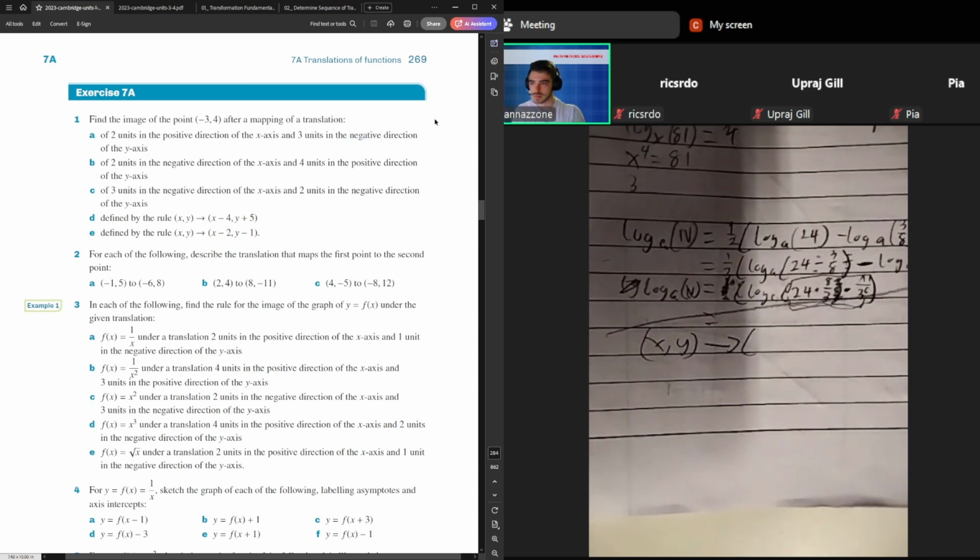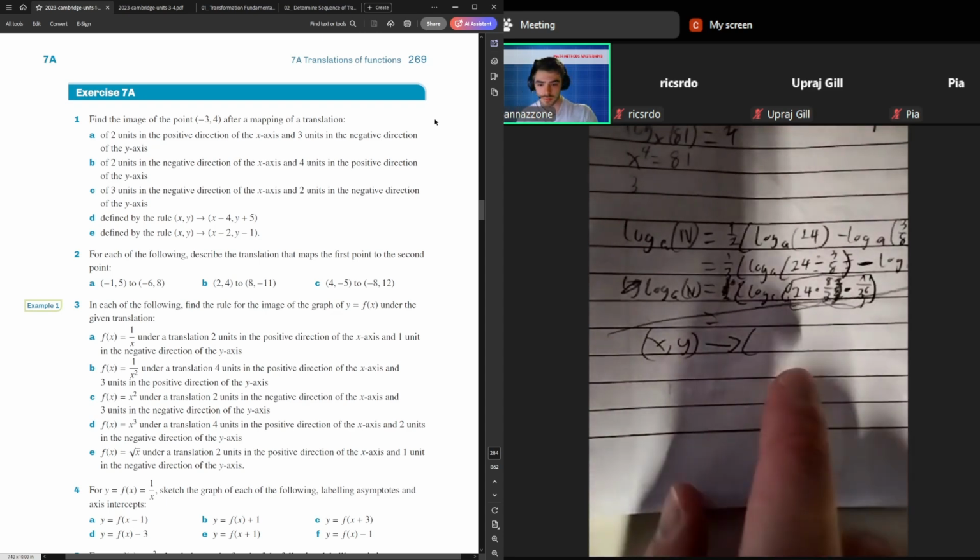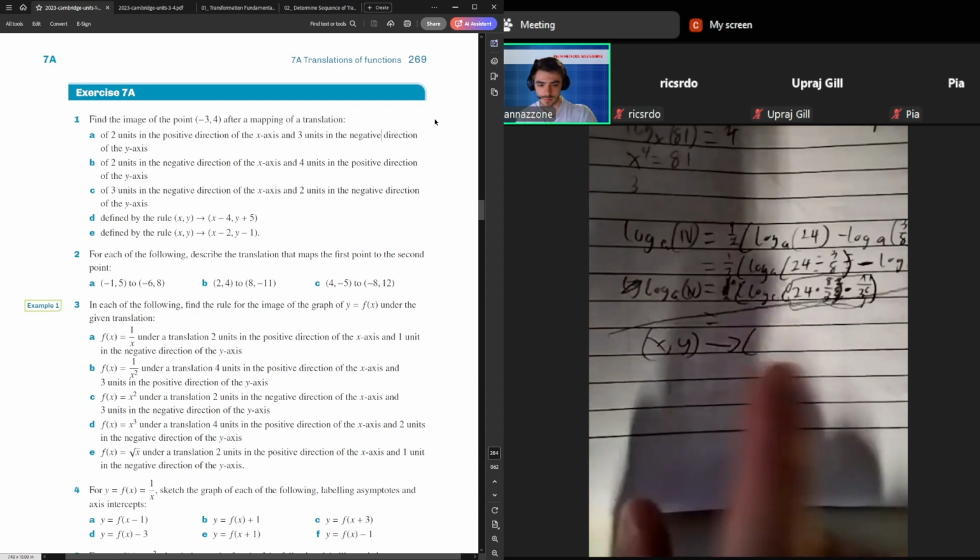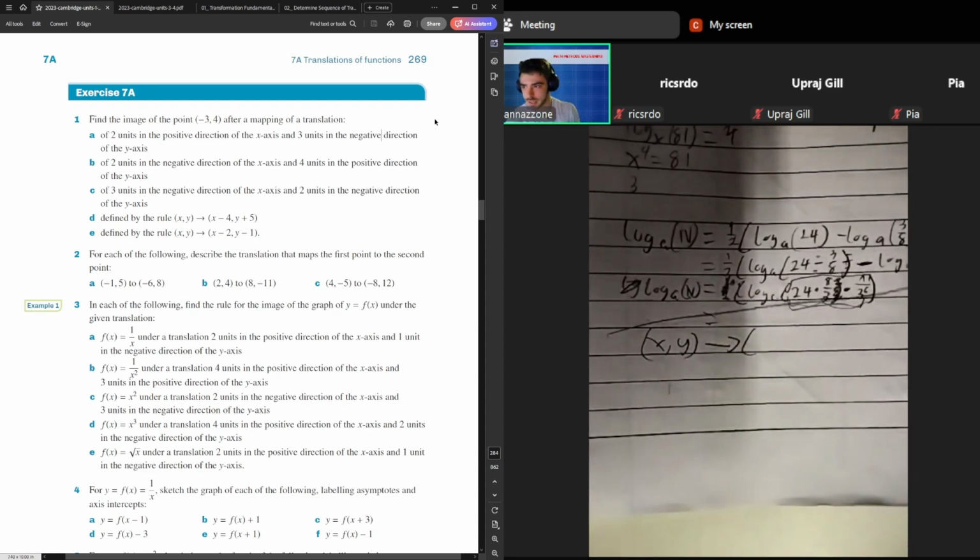With that understanding, being that it's a translation, what do you think I'd do to my initial xy to make my x dash y dash? What should that look like? This is where we'll go interactive, I'm hoping.